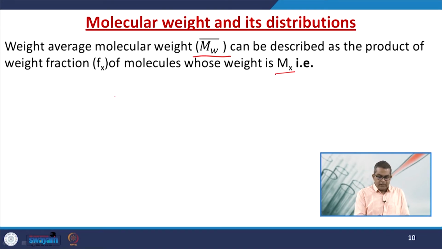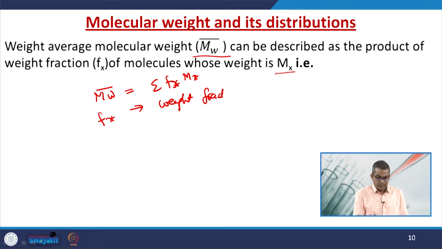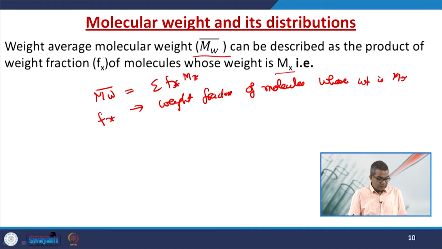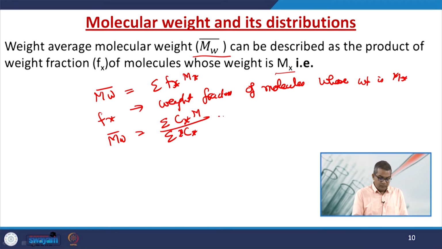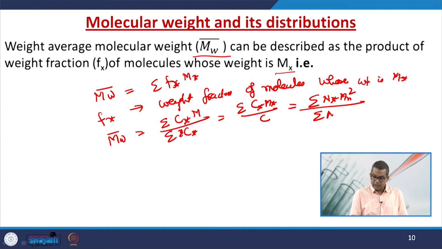Mathematically it is represented as, where Fx is the weight fraction of molecules whose weight is Mx, or bar Mw equals summation Cx Mx upon C, where C is the concentration, and this is summation Nx Mx square upon summation Nx Mx.